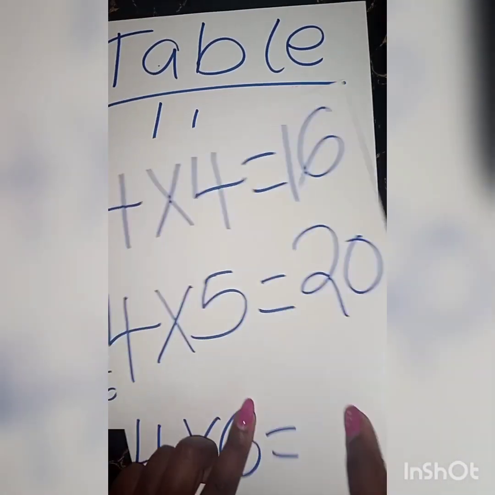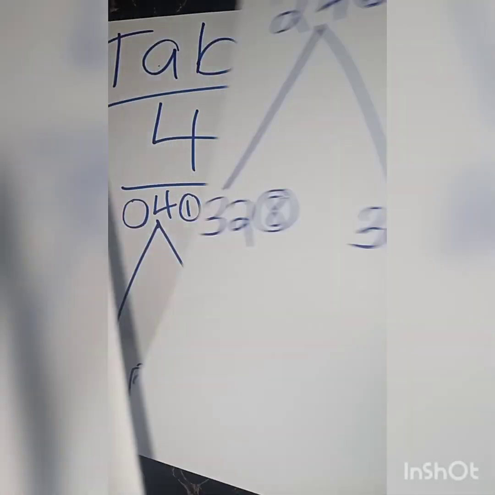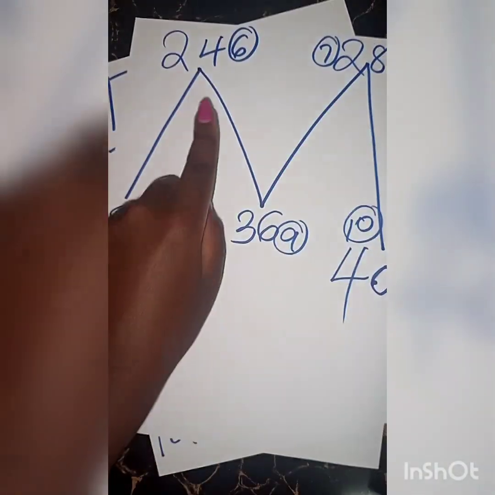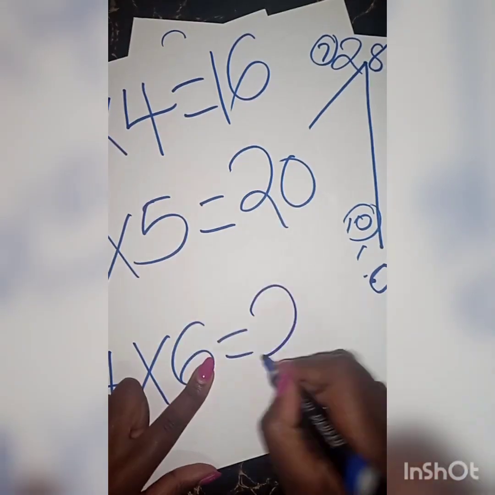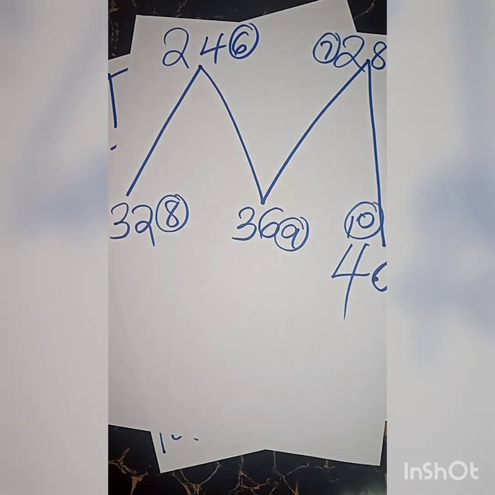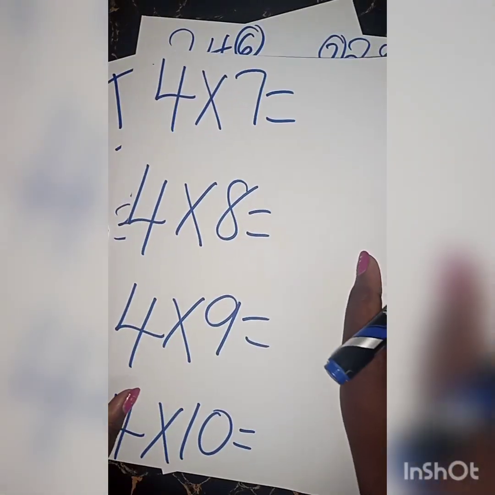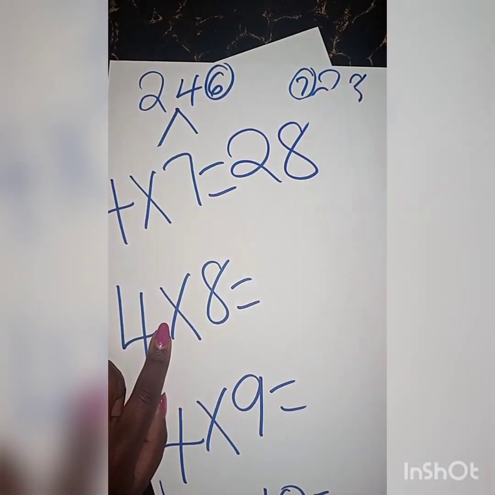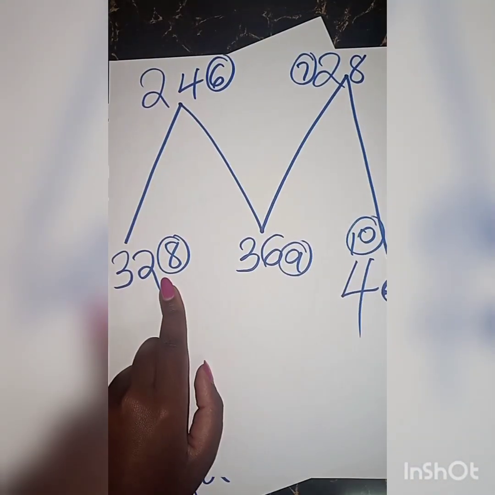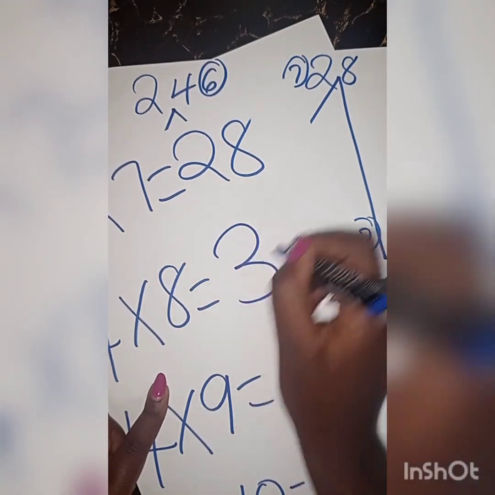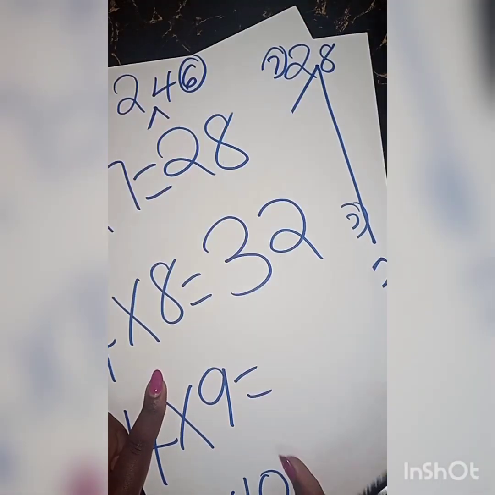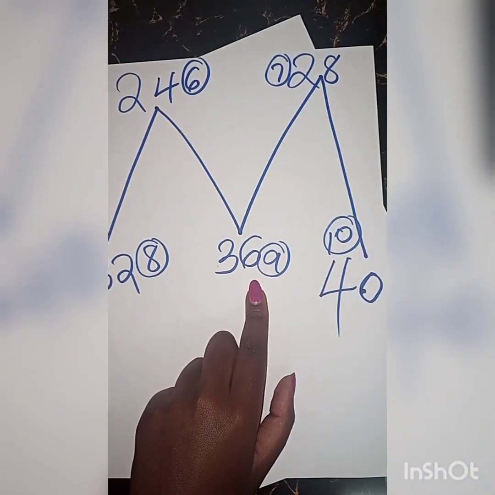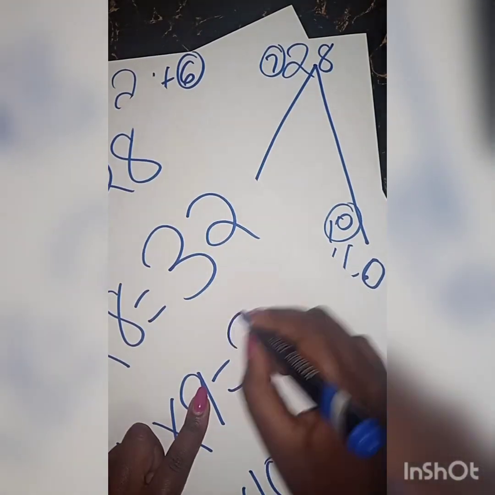4 times 6 is 24. 4 times 7 will be 28. 4 times 8, 32. 4 times 9 is 36.